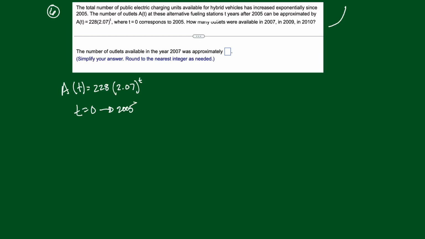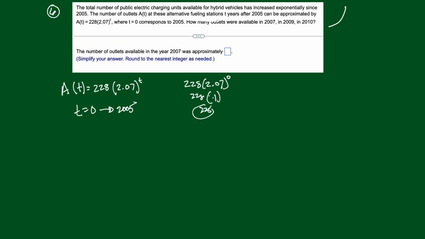So actually, before we do any of these problems, we probably only need to do one, they're all the same. Can you see, if you put in 0 for T, here's what you get. We would get 228 times 2.07 to the 0, but a non-zero number to the 0 power is a 1, which is 228.